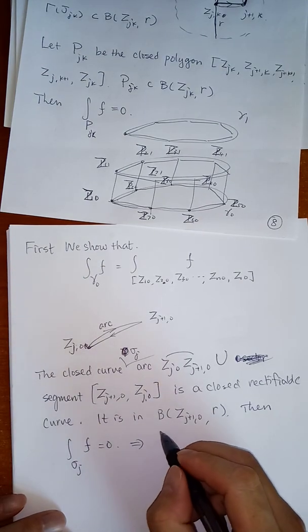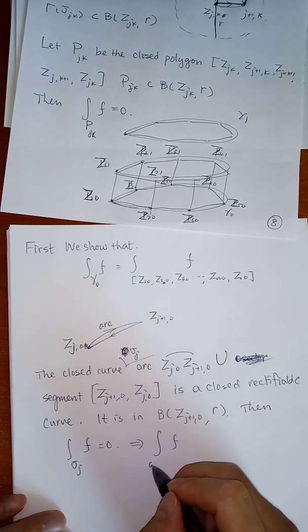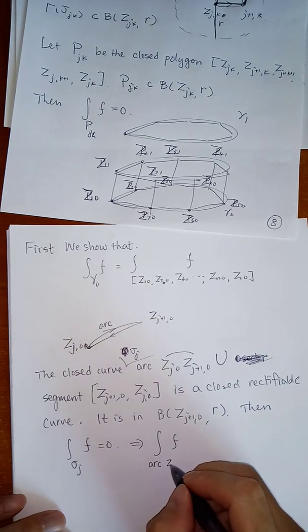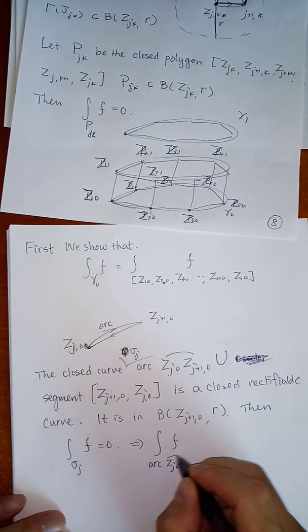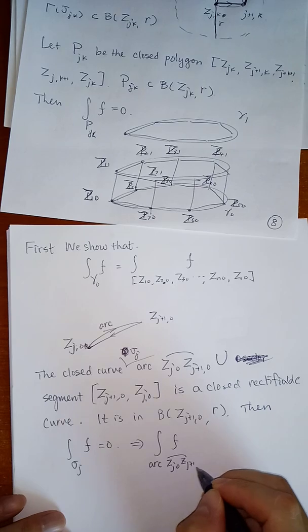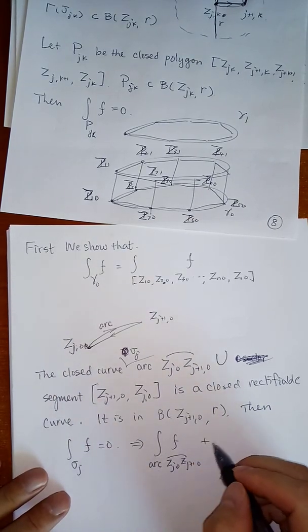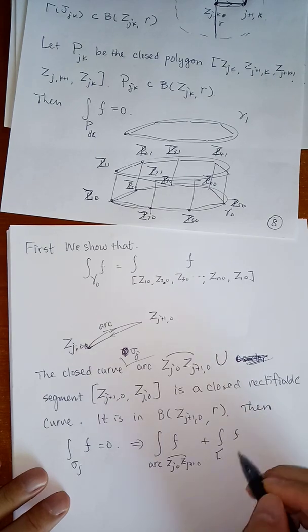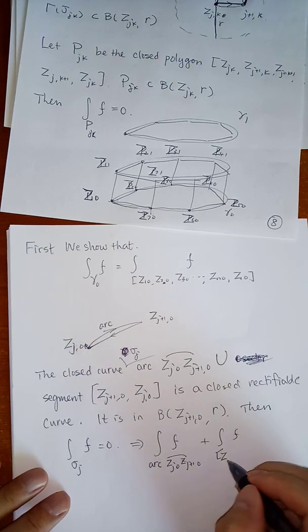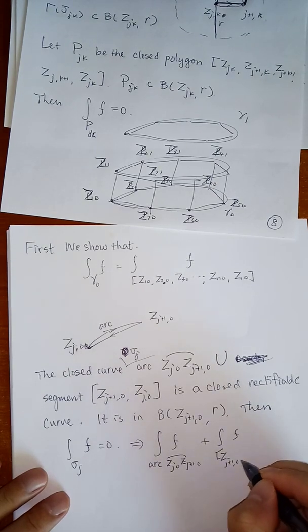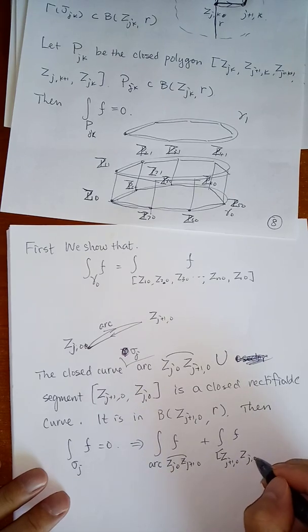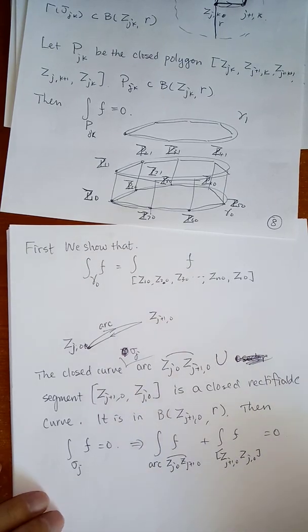So this implies the integral along the arc plus the integral along the segment is equal to 0.